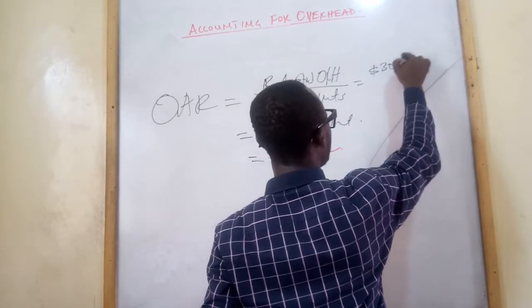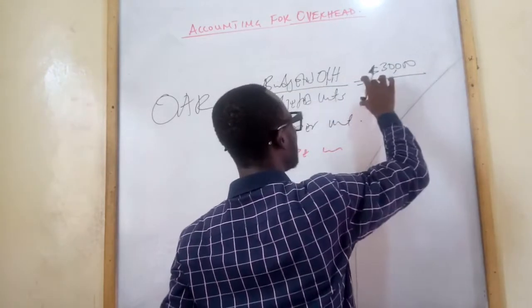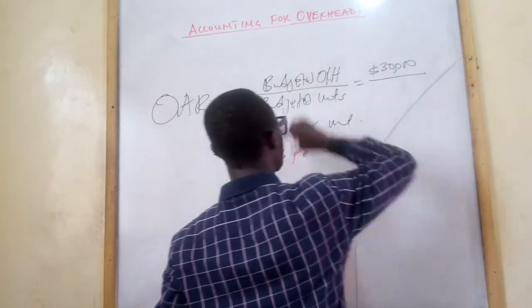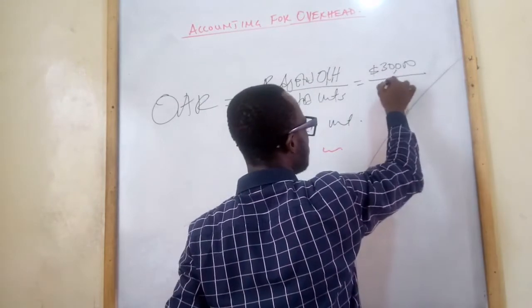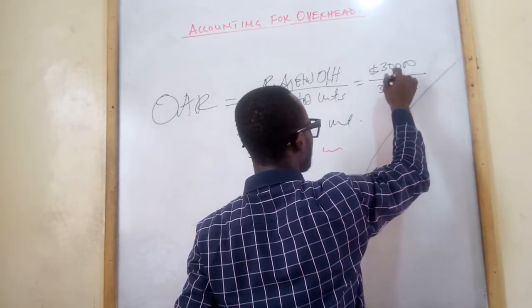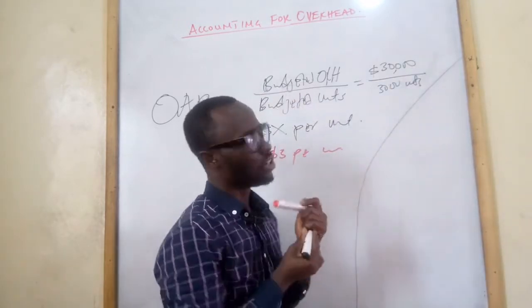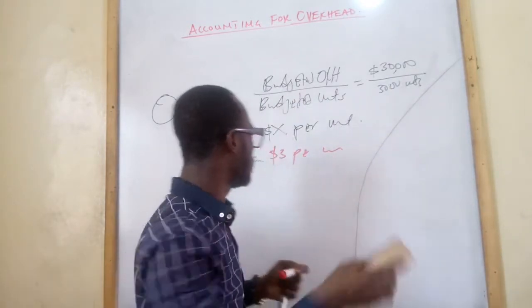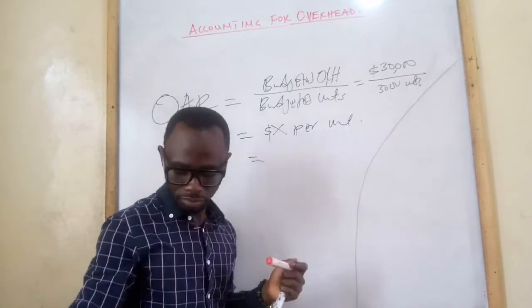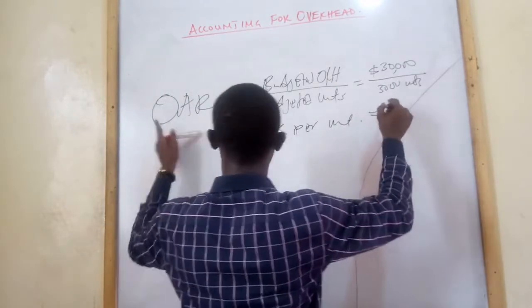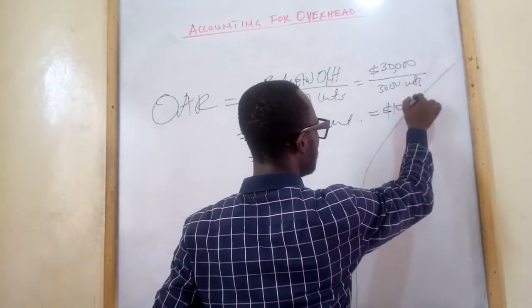Let's say the budgeted overhead is 30,000, and the budgeted units is, let's say, 3,000 units. So 30,000 over 3,000, I think that should be $10. So the overhead absorption rate is $10 per unit.